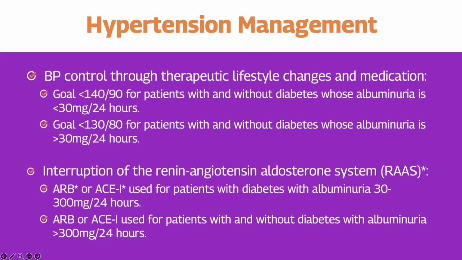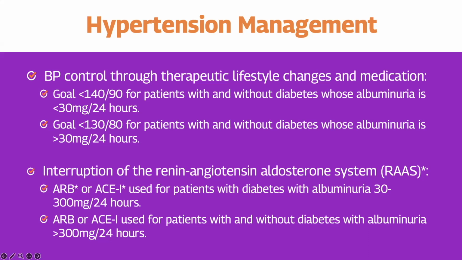So basically, the goal is going to be less than 140/90 for those who have albuminuria under 30 milligrams in 24 hours, and less than 130/80 for those who have albumin in the urine greater than 300 milligrams in 24 hours.